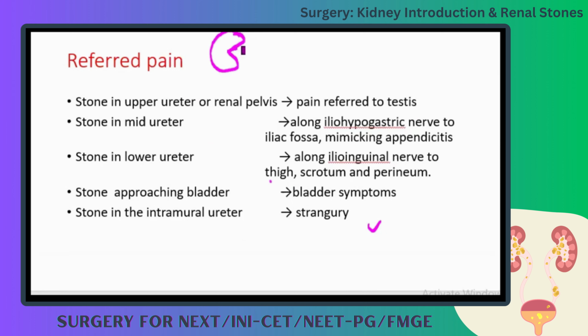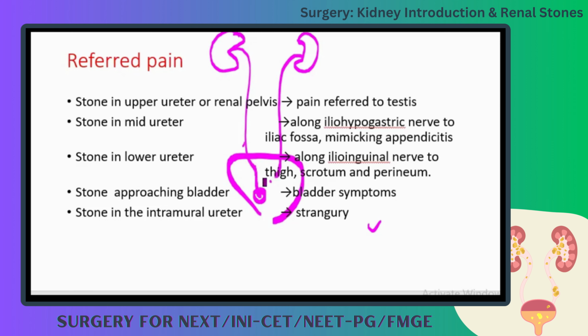Just guess. See here, this is the ureter. The upper part is the ureter. It goes below, and here it opens into the orifice. This part of ureter which lies within the bladder is known as intramural ureter. So this is the kidney, ureter, within the bladder, that is intramural ureter.